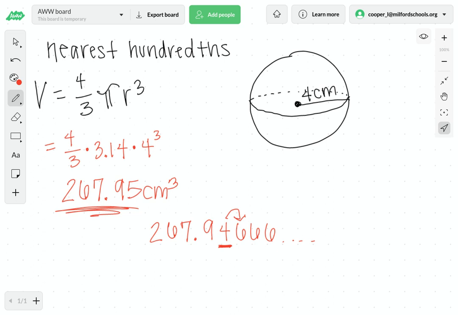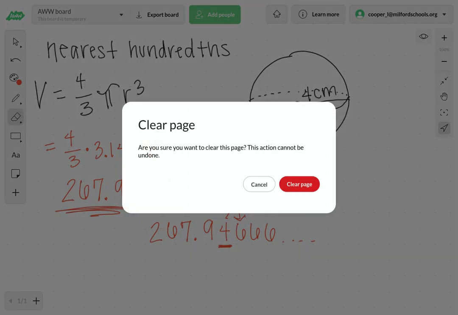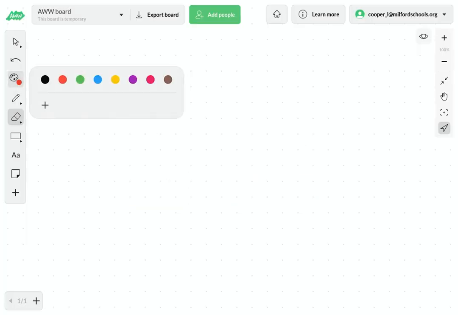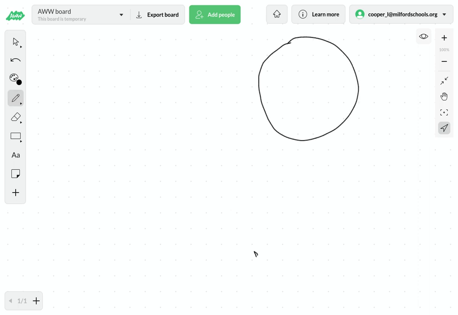So I'm going to show you one more example where we are given the diameter instead of the radius. So here's my sphere. And when you see this line all the way across, and a lot of times you'll see an arrow, and it'll say something like this.